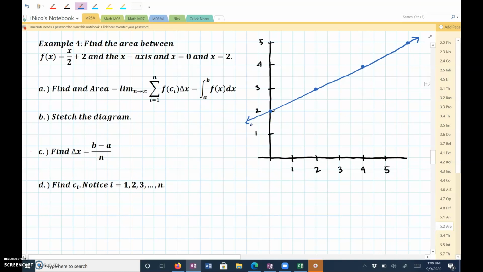And then we've got x equals 0 and x equals 2. So we have a line here and a line here. And then also the x-axis, which is down here. So basically we're finding the area right here.